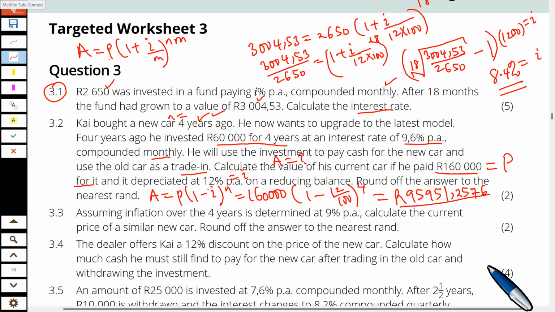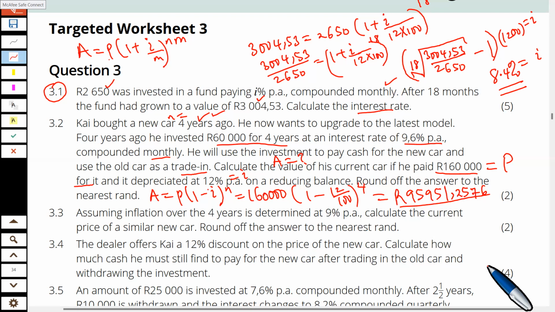So we're getting 95951, comma 2576. And that is the answer. So we're done with the Kai question, 3.2.